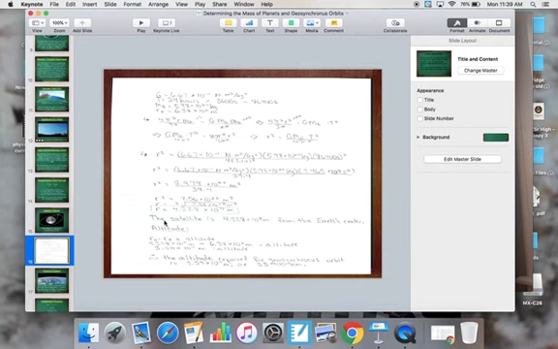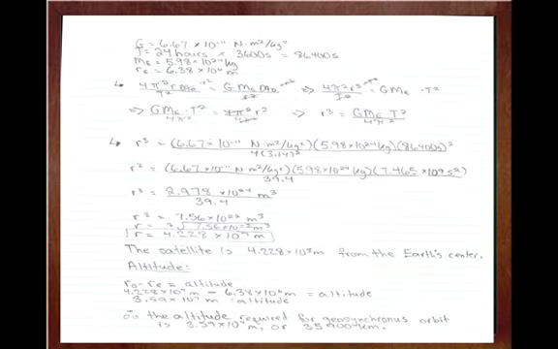I might fix that slide and post the other one. Oh no, pretty close. Actually, it's the same, so 3.59 times 10 to the 7 meters, or dividing that by 1,000 and getting 35,900 kilometers.